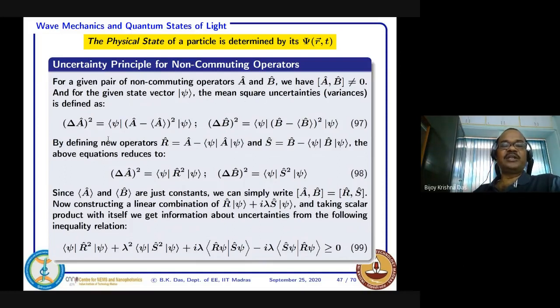Now instead of integration, we are just using bracket notation. They are actually the integration of psi star, the operator, and psi dq that we have written earlier. Since we are now used to bra and ket, we are writing it like this.